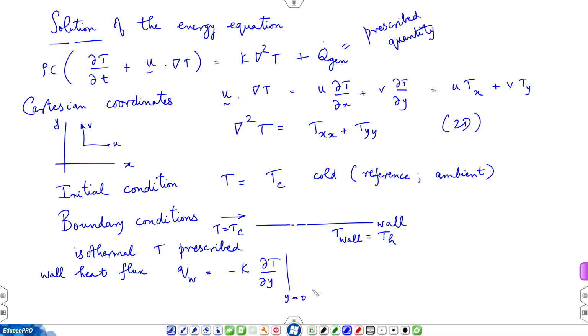Q is equal to minus K gradient of T, evaluated in the normal direction. When you talk about the heat flux being pushed into the fluid, that would be normal to the surface. So, that would be minus K times the derivative of temperature with the normal coordinate, which is y in this case.